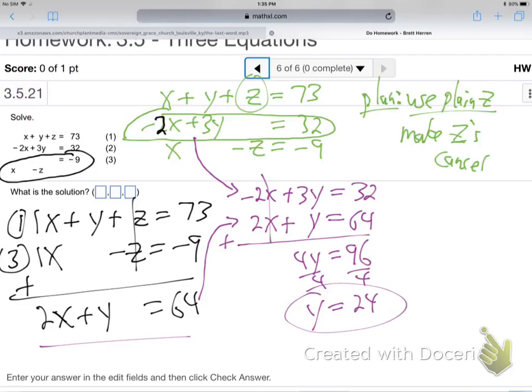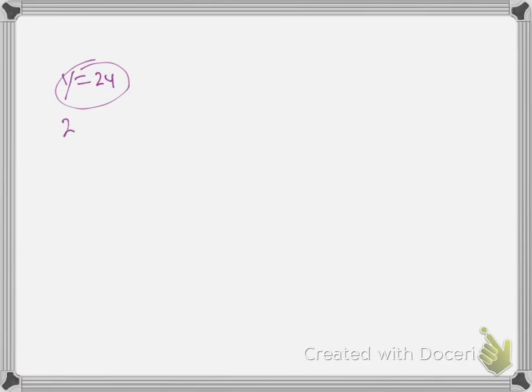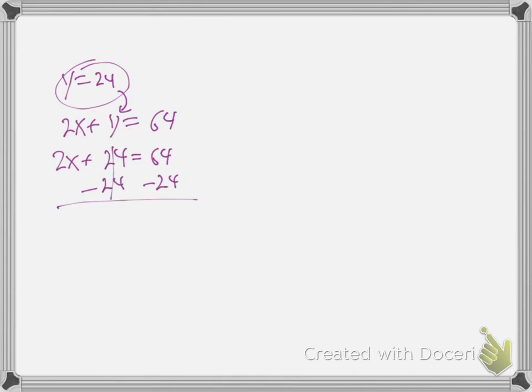So I've got y is 24, and I'll take 2x plus y is 64 and put that in. So x is 20.